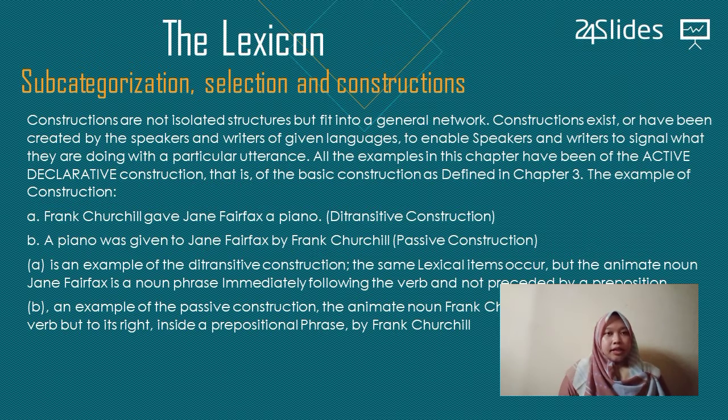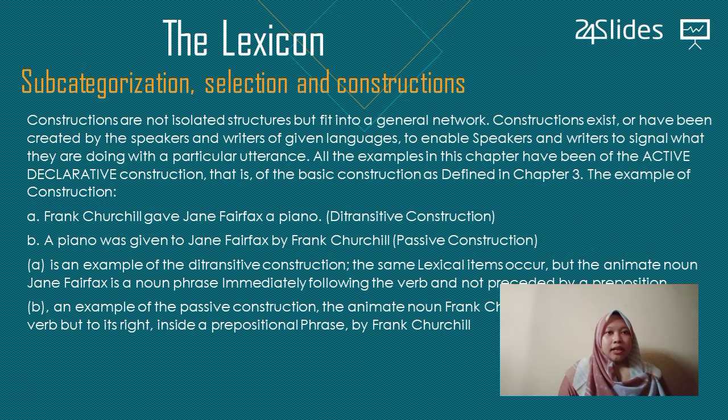A. Frank Churchill gave Jane Fairfax a piano. This is the example of the ditransitive construction. B. A piano was given to Jane Fairfax by Frank Churchill. This is the example of the passive construction. A is an example of the ditransitive construction.